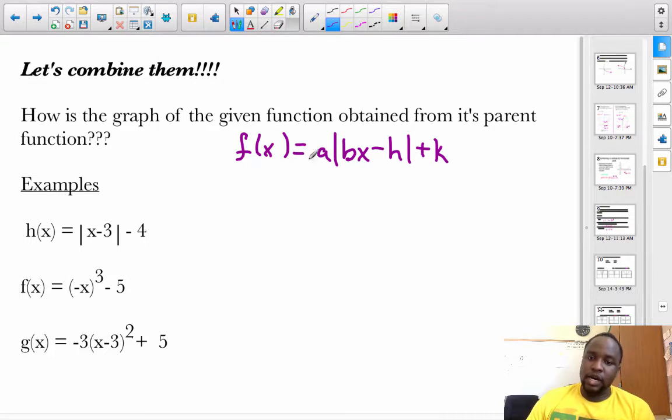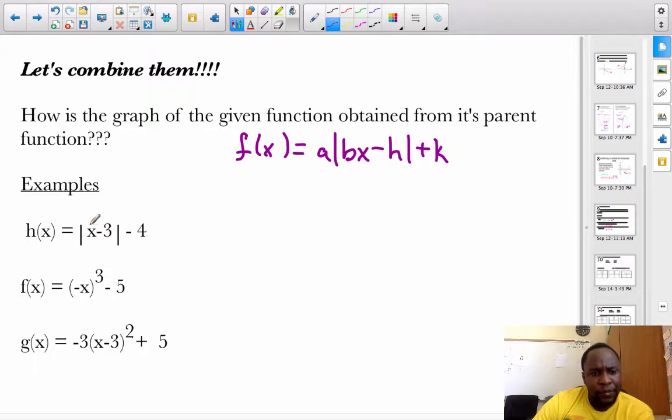A affects the vertical shrink and stretch and whether it is reflected over the x-axis or not. B affects the horizontal shrink or stretch and determines whether it is reflected over the y-axis or not. H shifts it right and left, and K shifts it up and down.